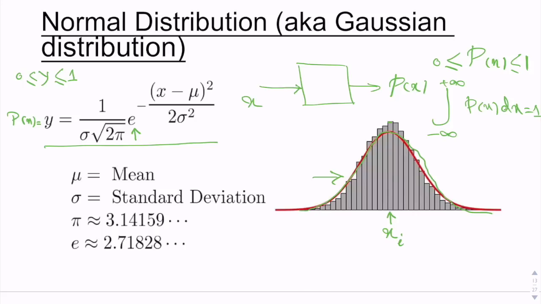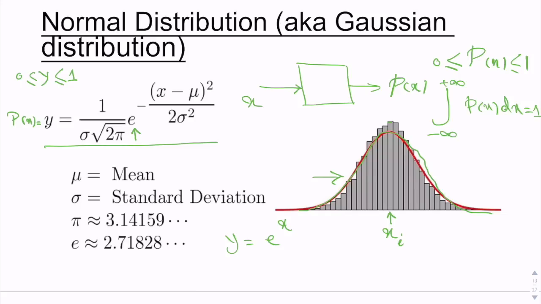I think you're all familiar with the exponential function, e to the power of x. And the power of this exponential function is minus the input minus mu, squared, divided by 2 sigma squared.